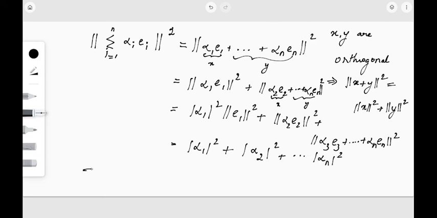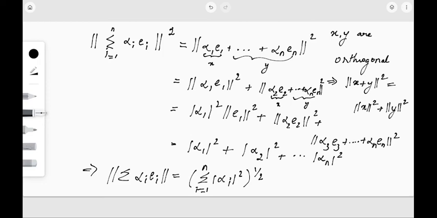So from this we get the norm of the summation of alpha_i e_i, which we have taken squared, so to remove the square we take the square root on both sides. We get the summation of |alpha_i|² whole raised to 1 by 2, where i varies from 1 to n. So this was the proof, which is very simple.